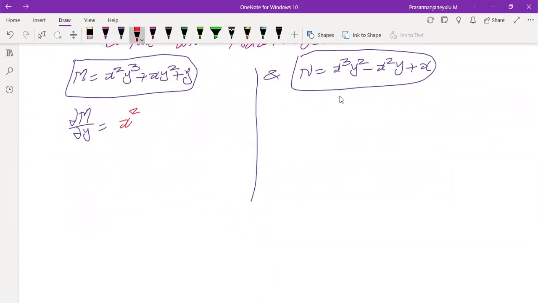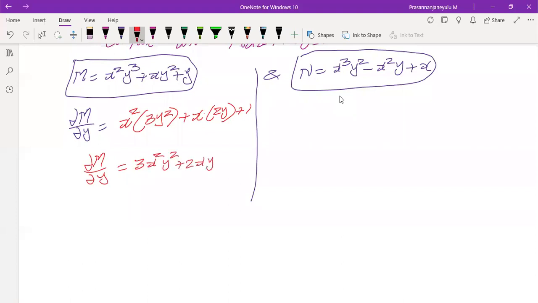The differentiation of y cube is 3y square, plus x is constant, the differentiation of y square with respect to y is 2y, plus the differentiation of y with respect to y is 1. So finally we get dou M by dou y equals 3x square y square plus 2xy plus 1.